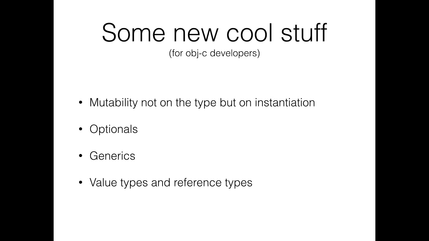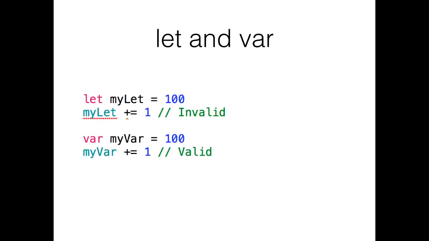One thing that is really close to my heart is optionals. They are amazing for security, to build safer code. Another thing that made our life much easier is generics, which is not really new, but it's new for iOS developers at least. And value types and reference types have a major overhaul, at least value types.